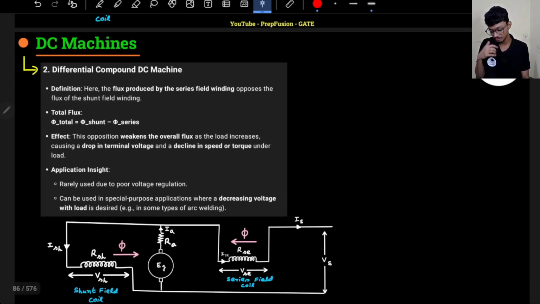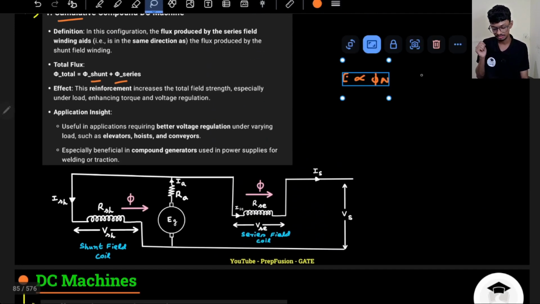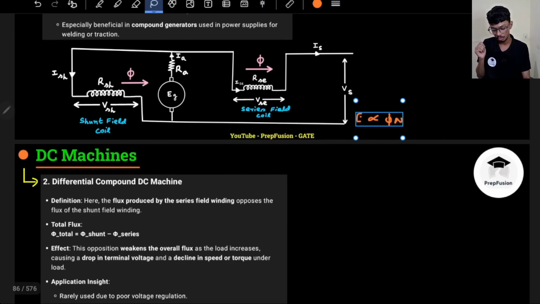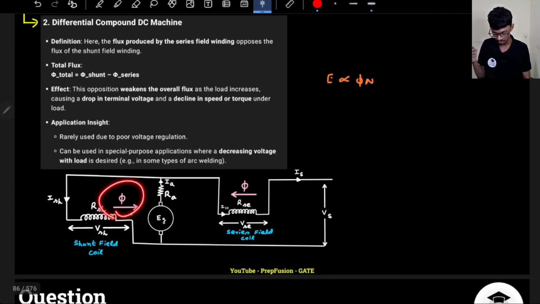In differential, the overall flux is reducing, so the generated voltage also will reduce. How do I show it diagrammatically? Both are in opposite directions like this, one on the right-hand side and the other on the left-hand side, meaning they are opposing each other.